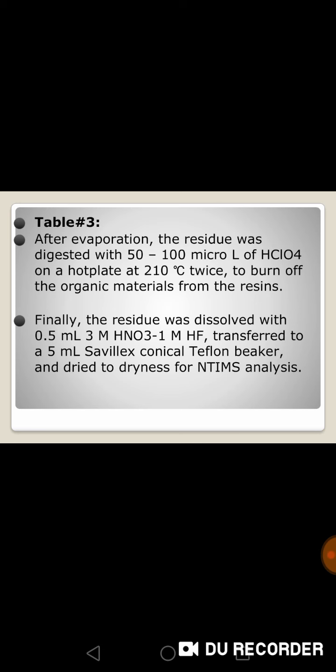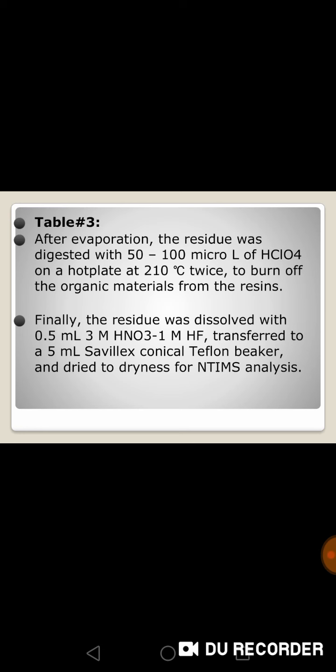So we have to heat this up to 210 degrees centigrade twice, and this will burn off the organic matter from the resin. The purpose of this burning is to burn off all the organic matter from the resin.